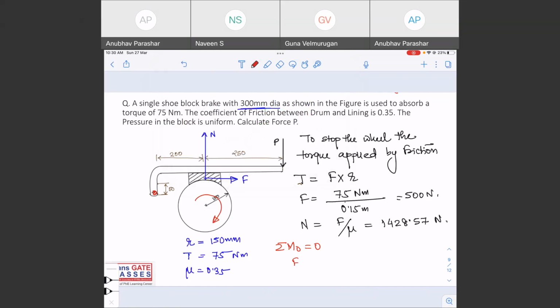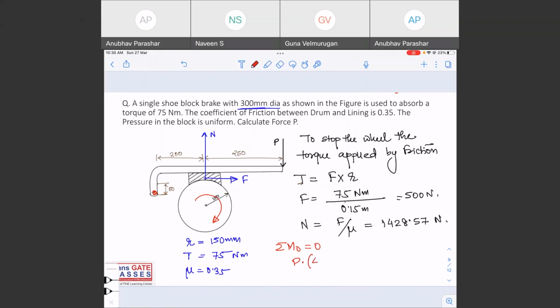So frictional force, or let me take effort first. The force P is equal to P into how much is the total distance from the hinge point, that is 450, right?